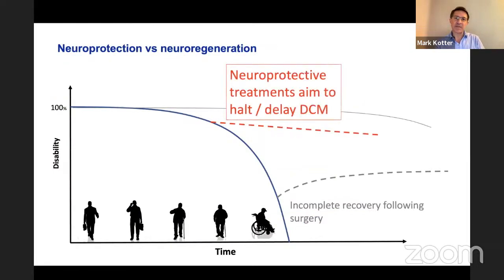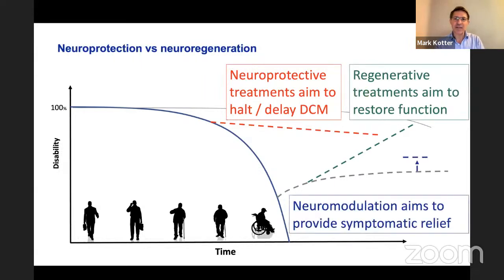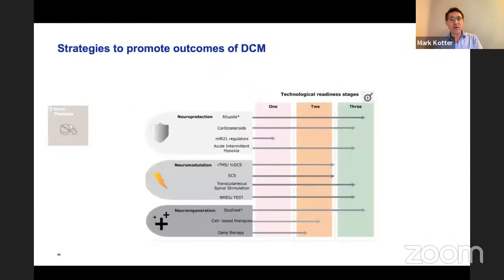So neuroprotective treatments try and halt or delay DCM symptom progression. Regenerative treatments aim to restore function, and modulation, you could say, is symptomatic treatments that try to provide symptomatic relief. Here's an overview of the various different things and technological readiness levels.